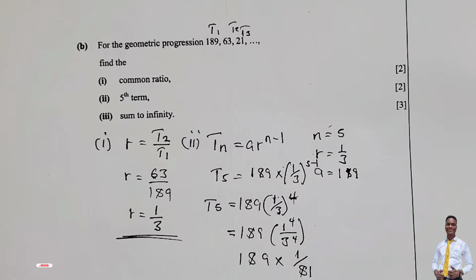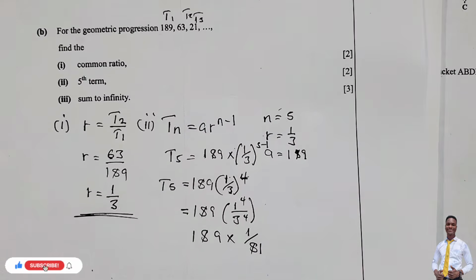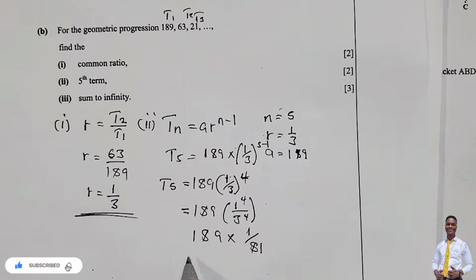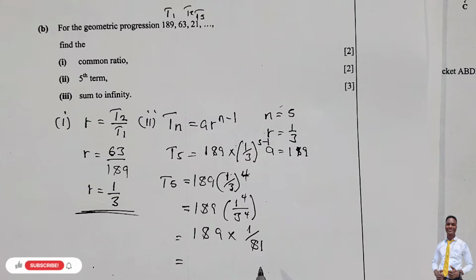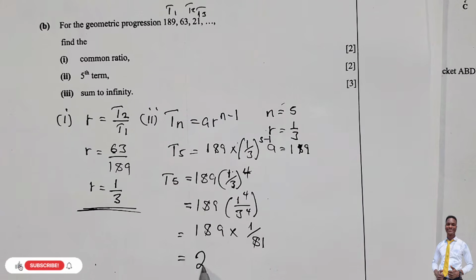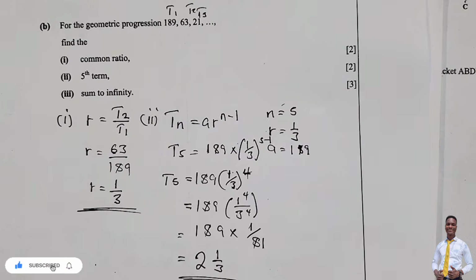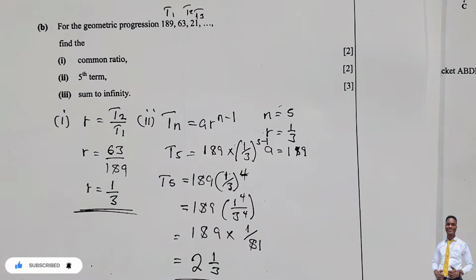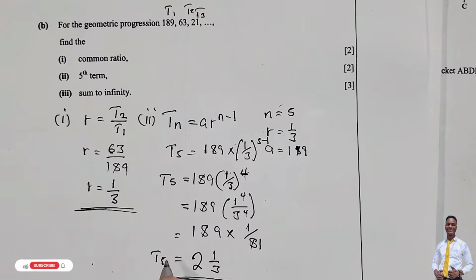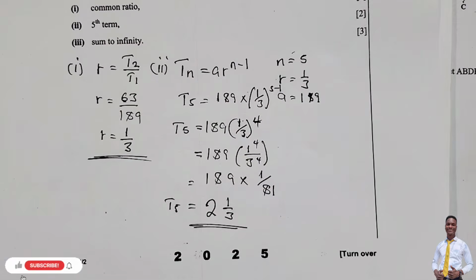Leaving it as a mixed fraction, if you say 189 over 81 on your calculator, you're going to find 2 whole number 1 over 3 as your answer. So this is T5.